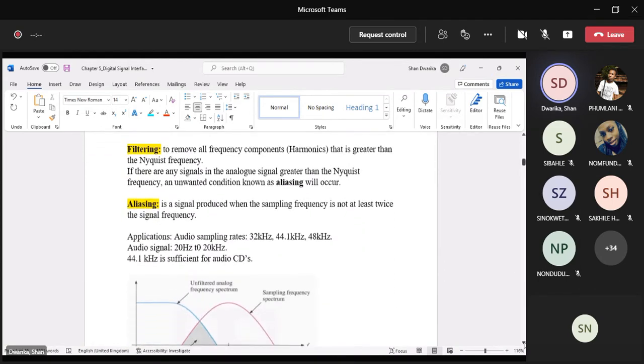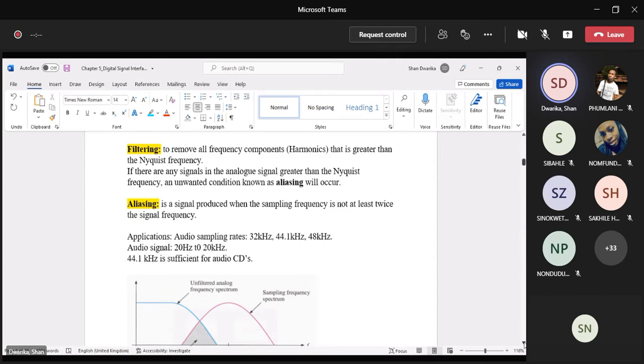Filtering is to remove all frequency components or harmonics that are greater than the Nyquist frequency. If there are any signals in the analog signal greater than the Nyquist frequency, an unwanted condition known as aliasing will occur, right? The Nyquist frequency is the sampling frequency, which must be twice the highest frequency of the original signal to be sampled.